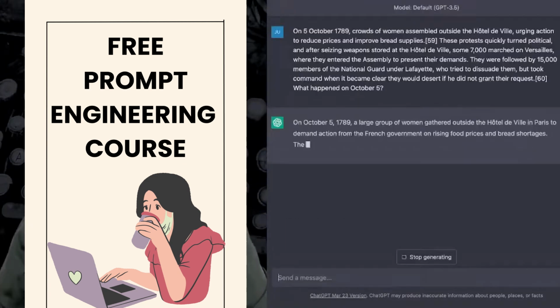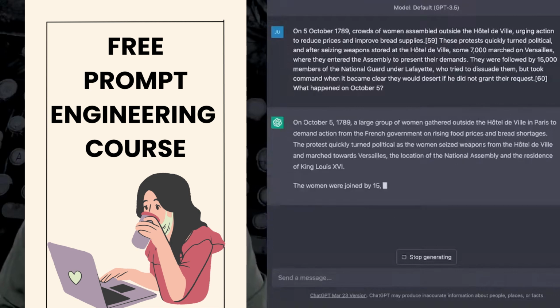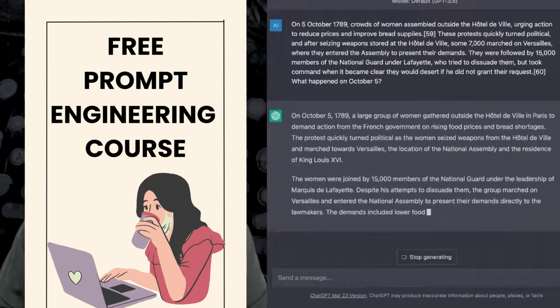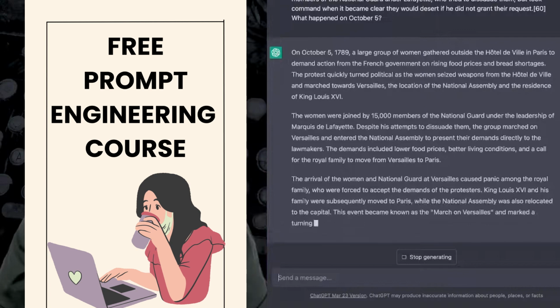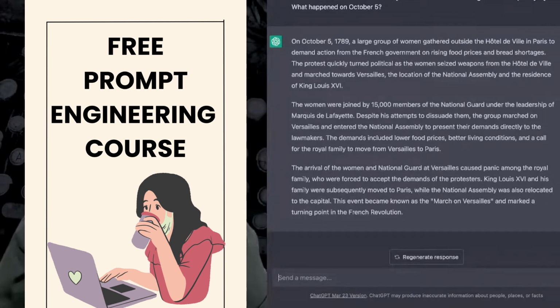And then it would tell us what happened on October 5th. But now if we ask it a question that is outside of the scope of October 5th and something it wasn't trained on, now in this case, it was probably trained on the information regarding the French Revolution, because obviously that was before 2021. But if we had new information we wanted to incorporate, we have to think about how we put that information into our budget.